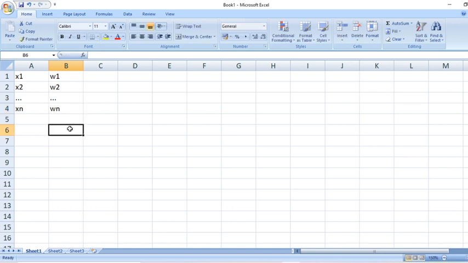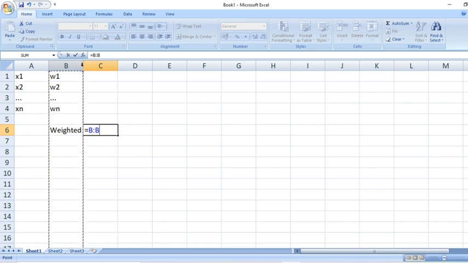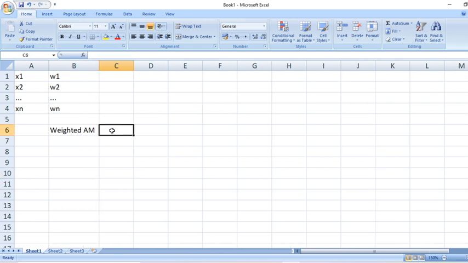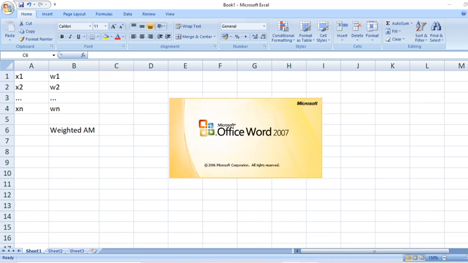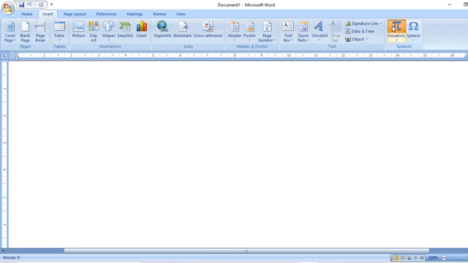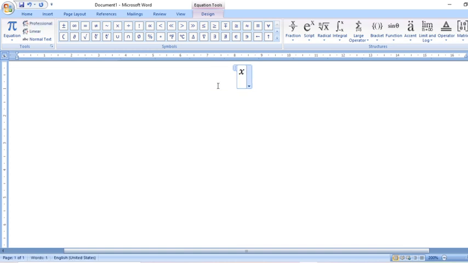So how can we compute the weighted arithmetic mean? Let me give it in this mathematical equation.